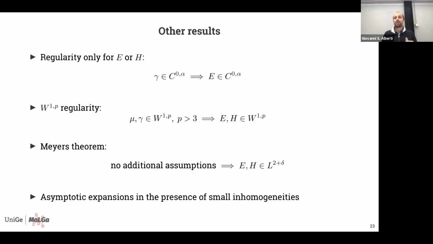So I looked into these questions a few years back now, so they're not so fresh in my mind anymore. There was a time where I tried to look into optimal regularity, and then I gave up in this setup. For the C0 alpha, this is optimal. I forgot to mention it. But in the W1P case, it's more complicated.